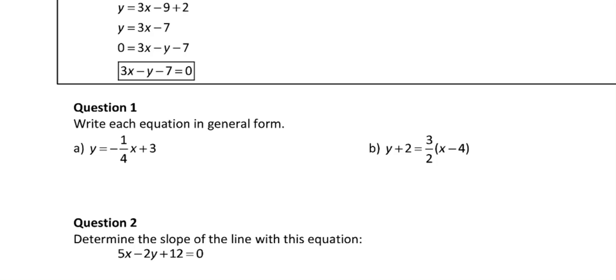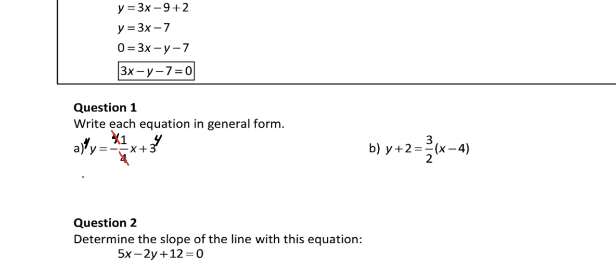It's 4 now, so what do you think will happen? We're just going to multiply everything by 4. And just notice why we did that. The only reason we did that was to get that 4 out of the bottom, because now 4 divided by 4, they cancel. So that's still the same equation because we did it for every term.